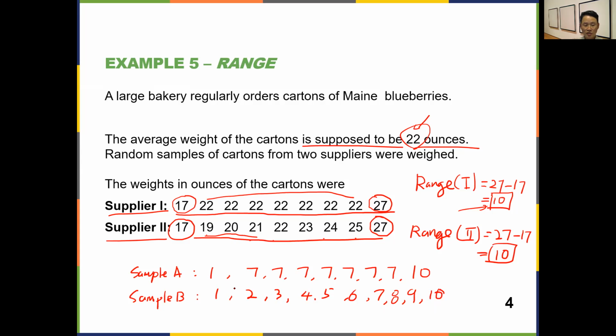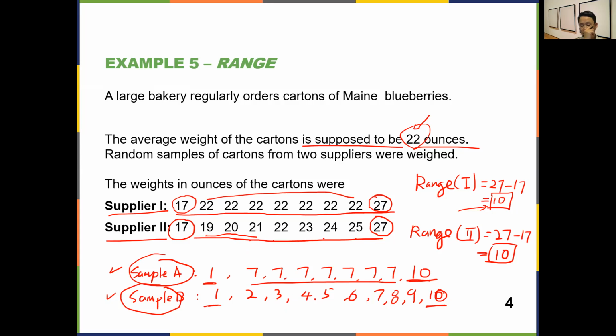So the range for sample A and B, you can see that they are both 9, because the highest number is 10 and the lowest number is 1. But you wouldn't say the spreadness of these two data sets is the same, right? Sample B is very spread out data. Sample A is highly concentrated data, around 7, right?